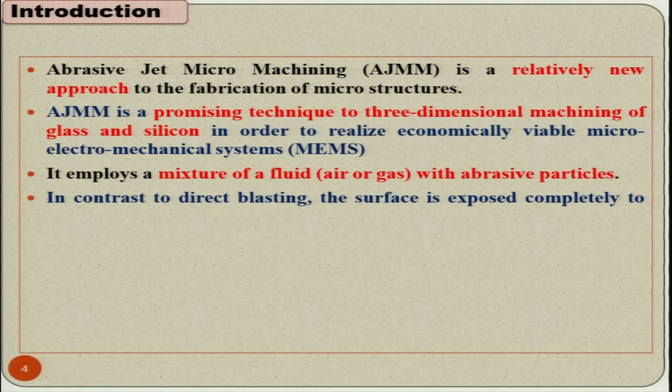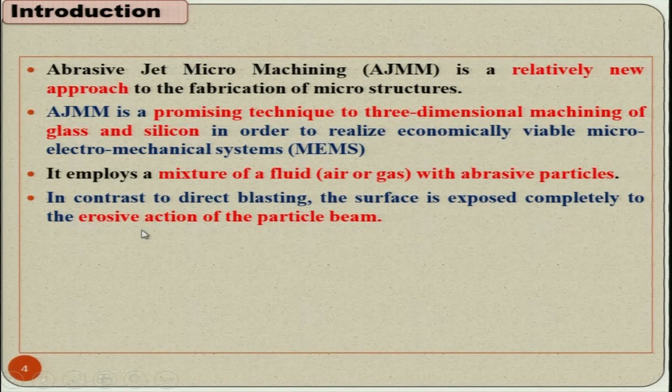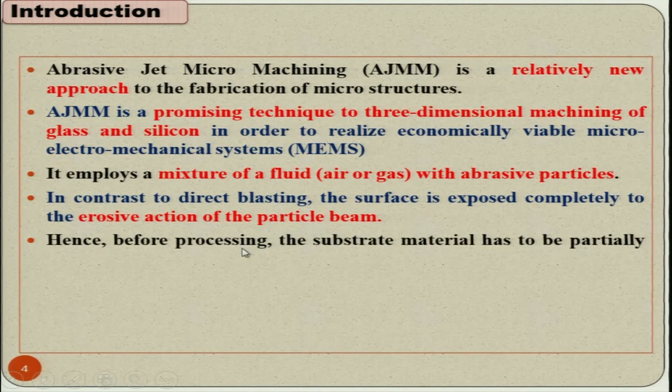In contrast to direct blasting of the abrasives, where the surface is exposed completely to the erosive action of the particle beam, here you can create the desired features on different devices or components.